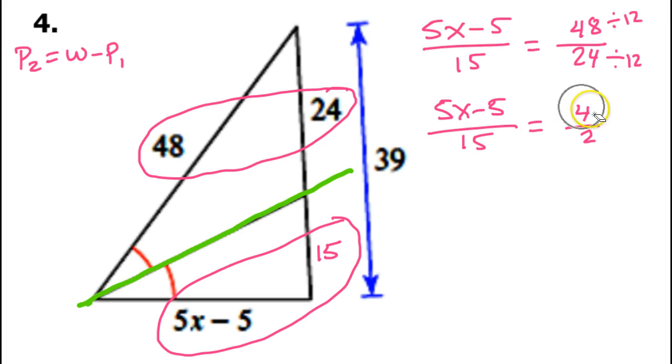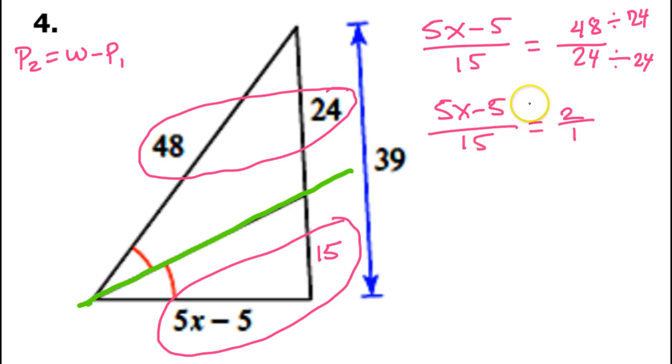And then I felt silly, because of course 48 is divisible by 24. So I should have done that in the first place. Alright, so both of these are divisible by 24. So that's going to give me 2 over 1, if you will.